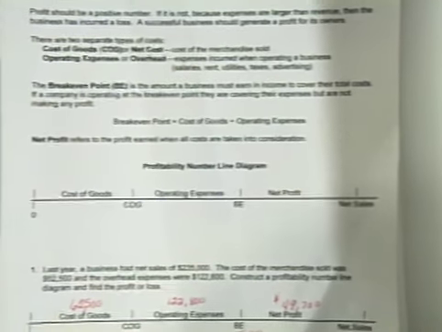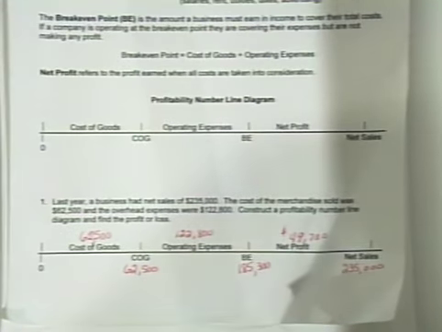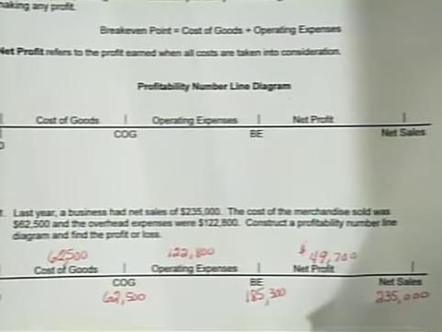So let's look at a business that maybe you were in last year. It says you had a business that had net sales of $235,000. So write that number down under net sales, far right. The cost of the merchandise sold was $62,500.